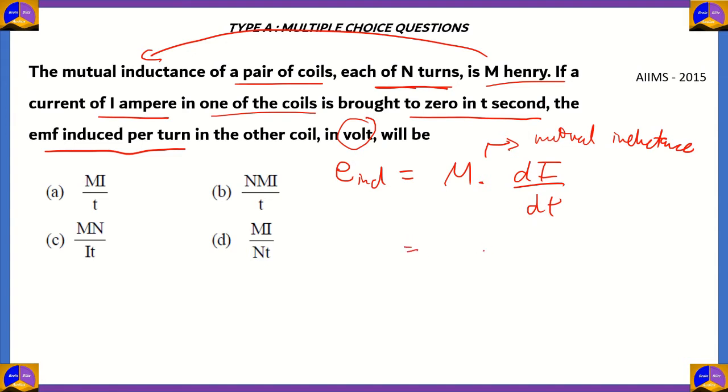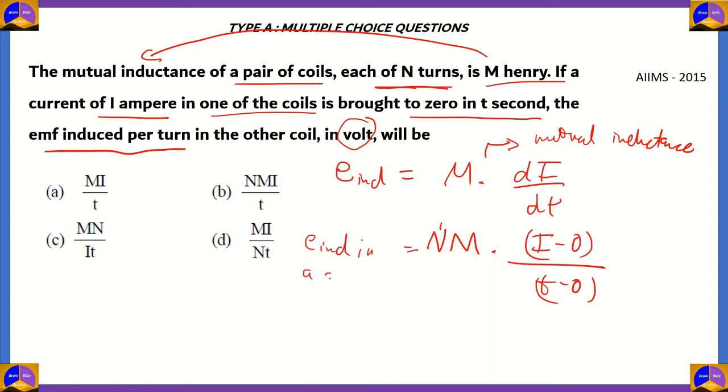So therefore, we can write this as M times I minus 0 divided by t minus 0. The reason why n, that number of turns, came here is for EMF induced in a coil of n turns. That will be equal to n times M times I minus 0 divided by t minus 0. I minus 0 is just I, and t minus 0 is just t. So this is the EMF induced in the whole coil.